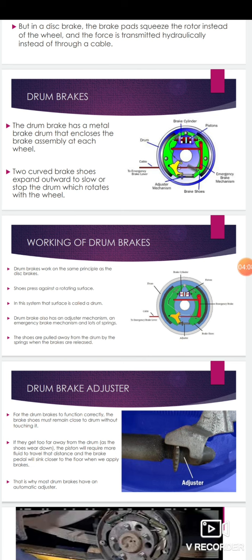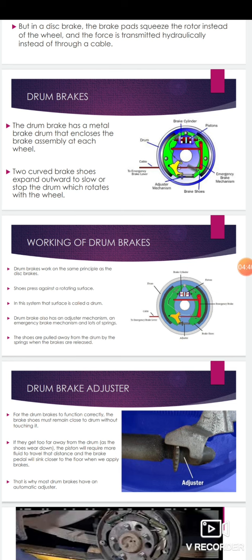Next are the brake shoes, brake pads, and pistons, which are called wheel pistons, the brake cylinder, adjustment mechanism, returning spring, and axle, which is called the wheel axle. So these are the arrangements, and we are discussing how this drum brake works.